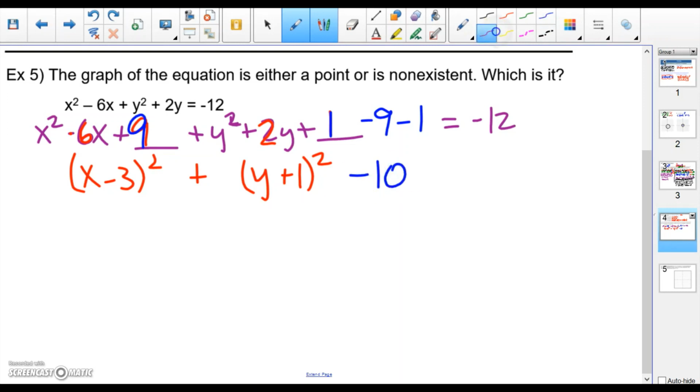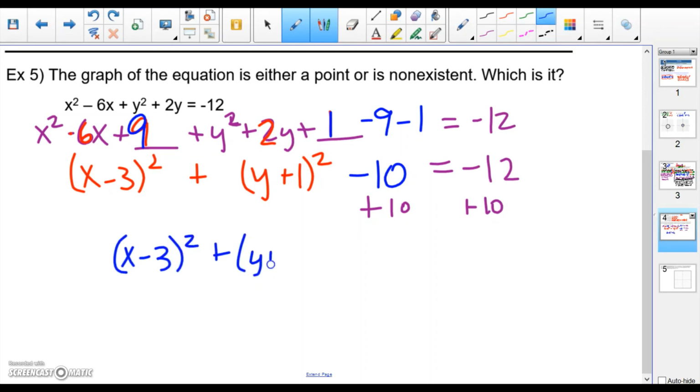So we've thrown off the equation by positive 10, but then we fixed it by subtracting 10. So then if we want to make it look like our regular form, let's add the 10 over, and we get x minus 3 squared plus y plus 1 squared equals negative 2.